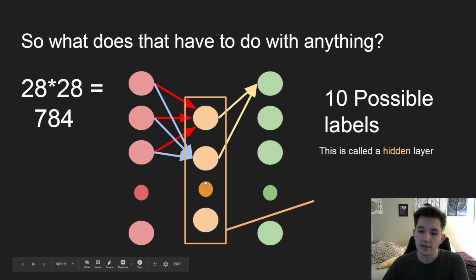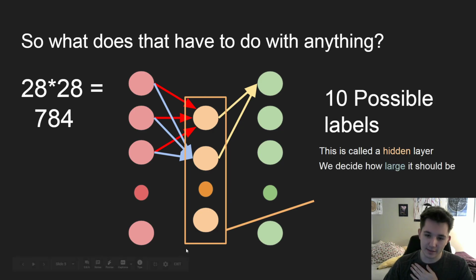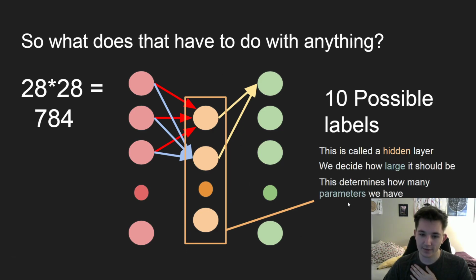And the reason we would want to change that at all is that the larger we make it, the more parameters it has. So you can think about when we are creating a series of weights going from the input to the hidden layer, we will have a number of parameters equal to the size of this times the size of this, because we have one connection going to each of them.